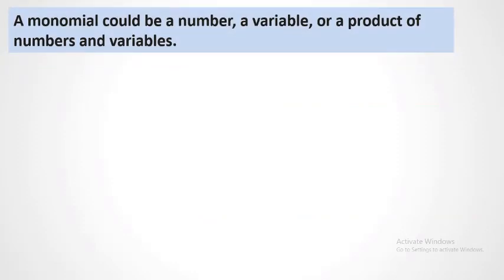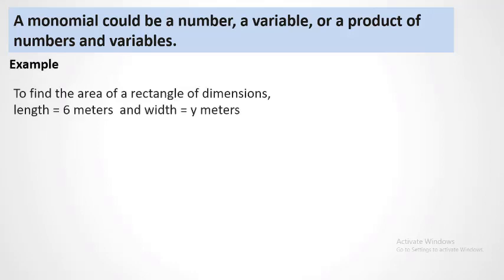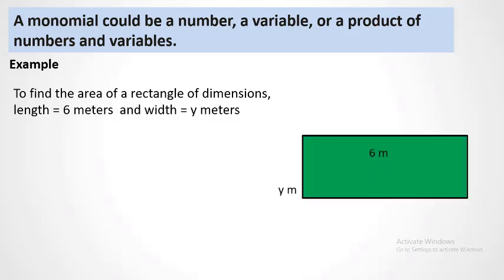What is a monomial? A monomial could be a number, a variable, or a product of numbers and variables. For example, to find the area of a rectangle of dimensions length 6 meters and width y meters, we have length 6 meters. 6 is a number, so we can call it a monomial, since the monomial could be a number.